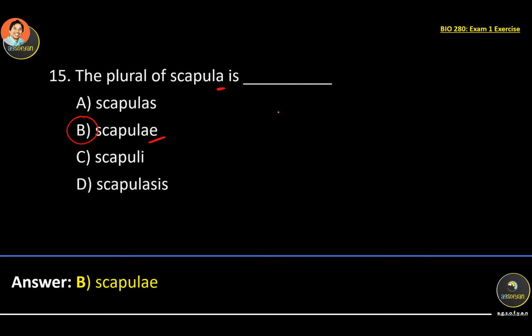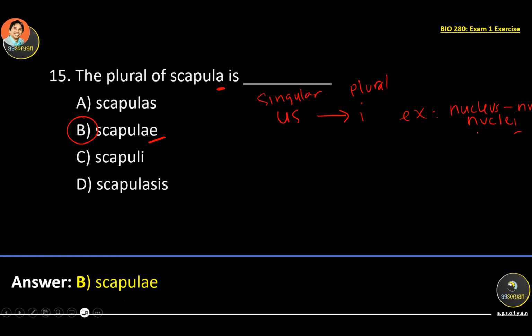Again, the rule: if it is US, then the plural will be I. So this is singular, and this is plural. US ends with I. Example, nucleus becomes nuclei. Just change with I. If it is UM, then just change with A. For example, phylum.